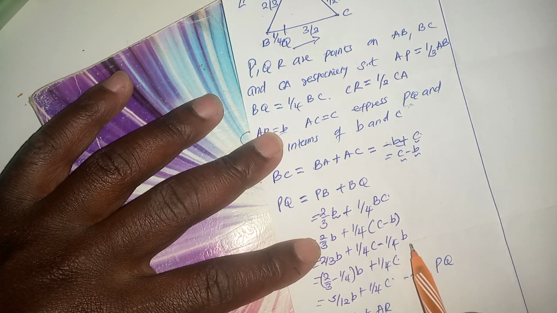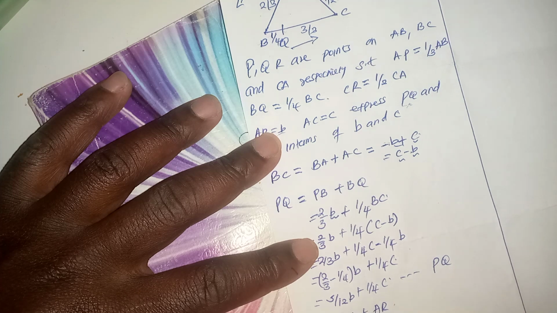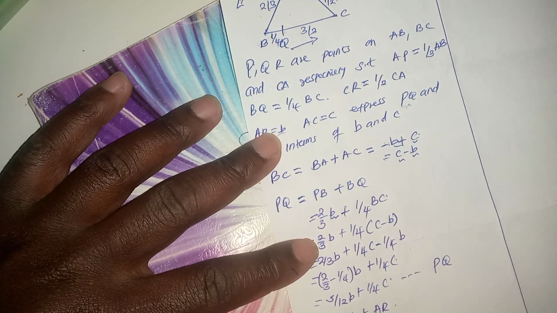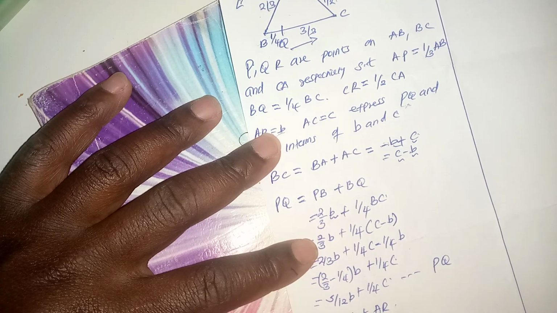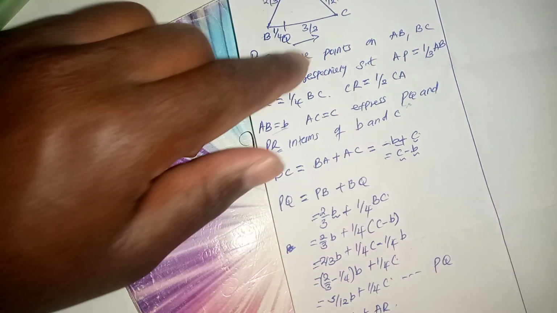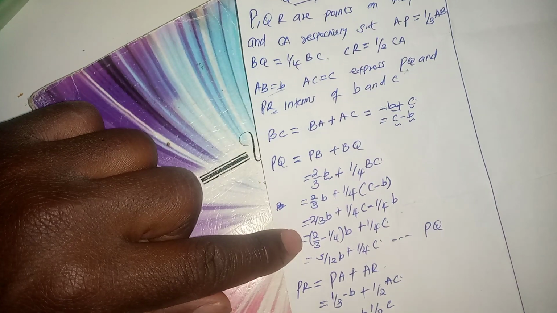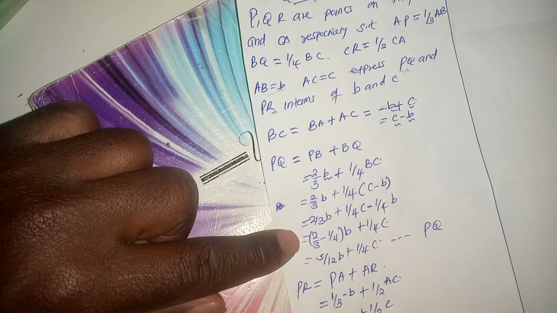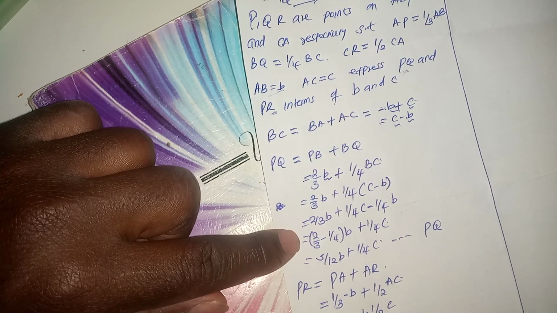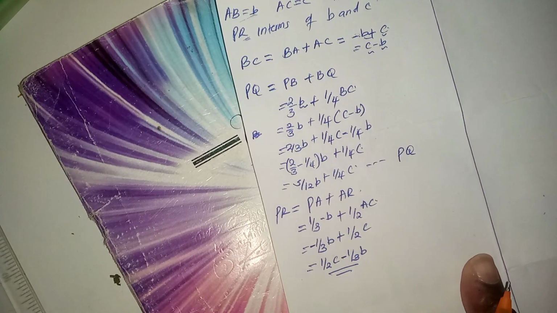Since AC is C, this is negative 1/3 B plus a half C. So we can say that this is a half C minus 1 over 3 B.